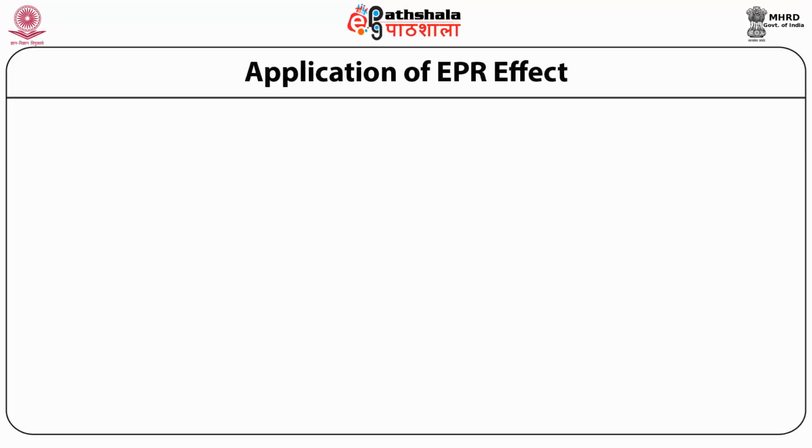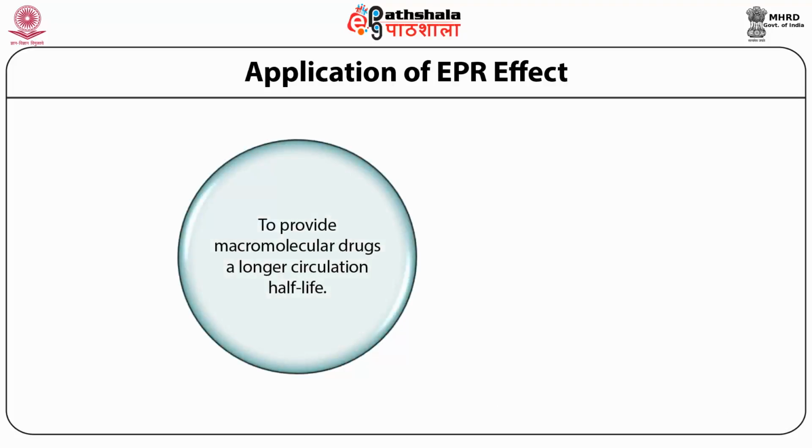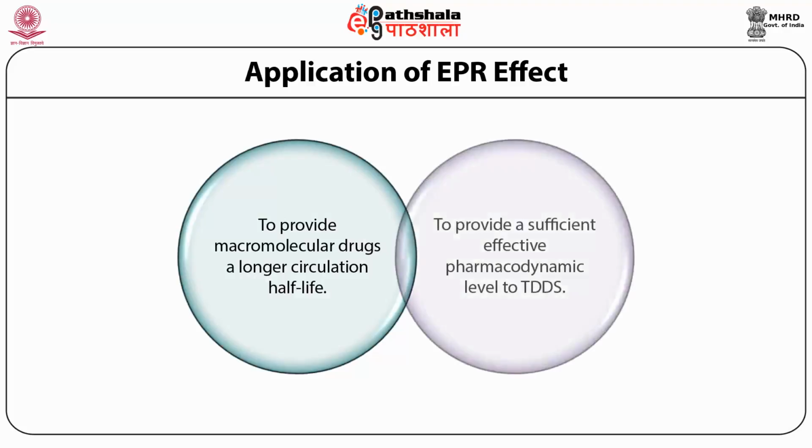In the application of the EPR based strategy for designing tumor targeted approaches, it is observed that EPR based strategies require the macromolecular drugs to have a longer circulation half-life and a sufficient effective pharmacodynamic level.